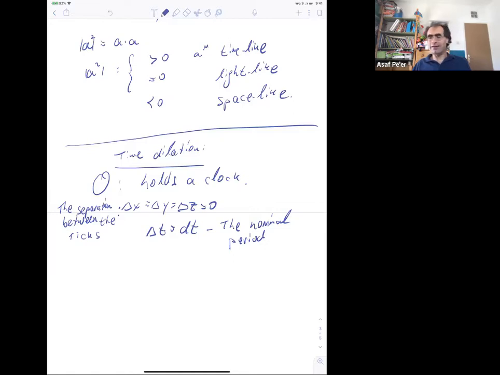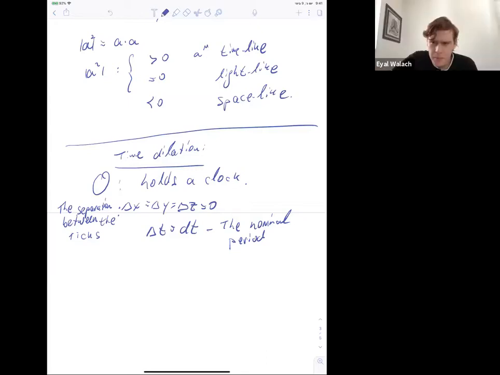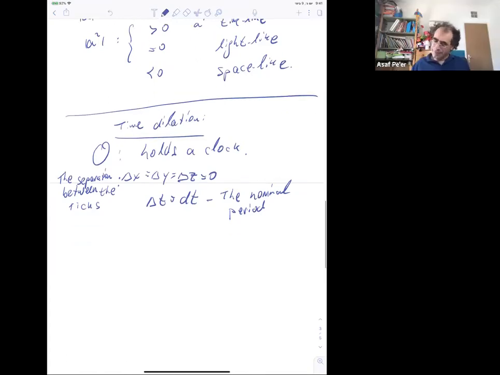If you took first year's special relativity, I'm sure you've heard the name. What's the name of this nominal period? Proper time, very good. So this is called the proper time.